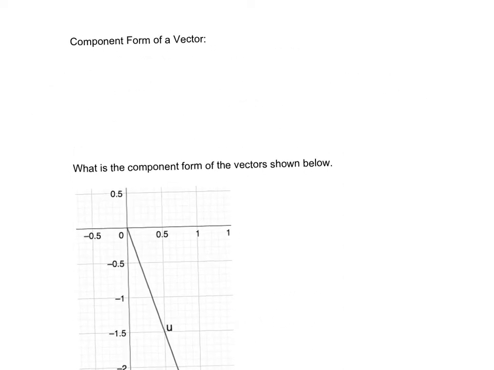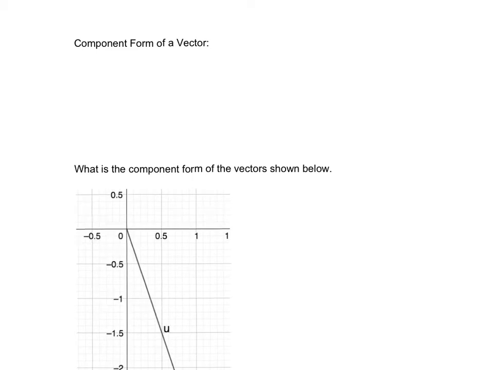The component form of a vector is the form you're most likely going to see a vector in. It's the ordered pair that describes the changes in the x and y values from the origin.